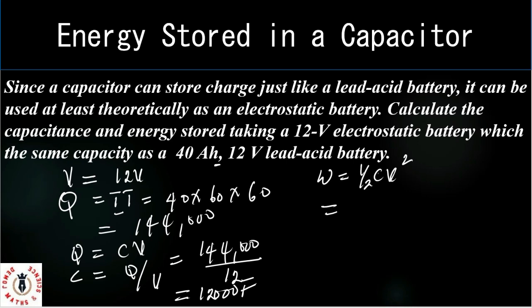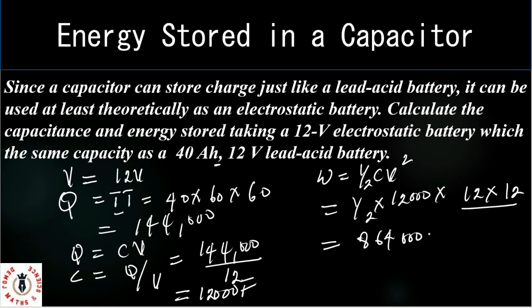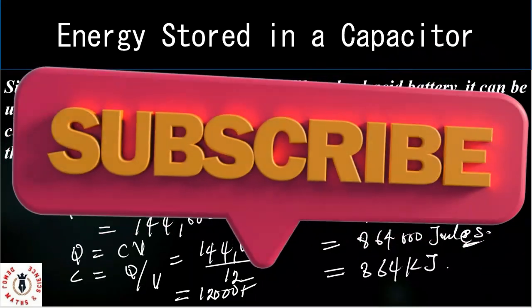That will be half times 12,000 times 12 times 12. If you compute this, you should come up with 864,000 joules. Because we're talking in terms of energy, we're talking in terms of joules. Now I can just write this as 864 kilojoules.